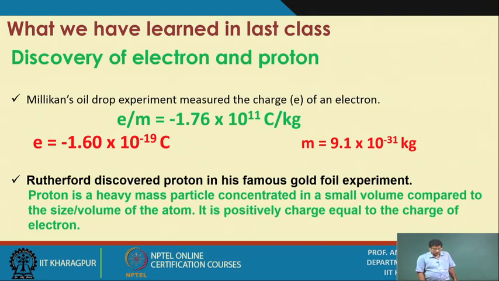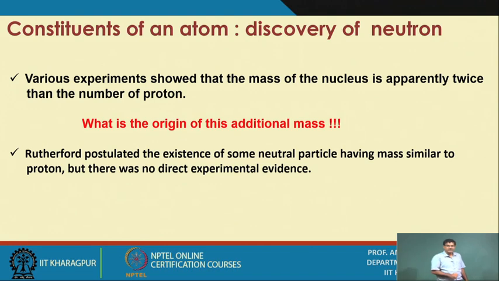So, now we will see the discovery of neutron. Various experiments showed that the mass of nucleus is apparently twice the number of protons in the nucleus. So, what is the origin of this additional mass?